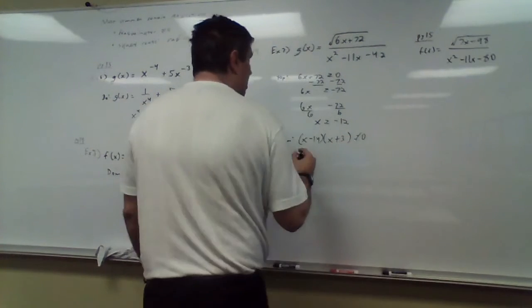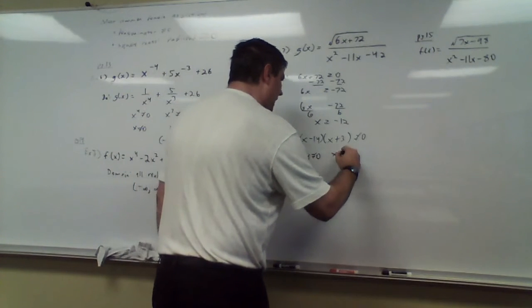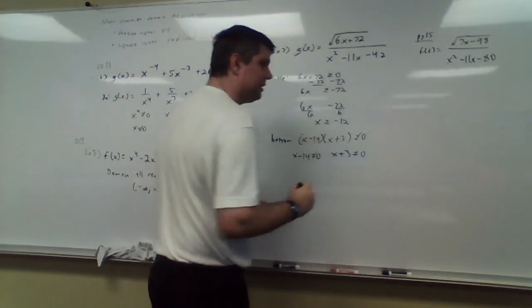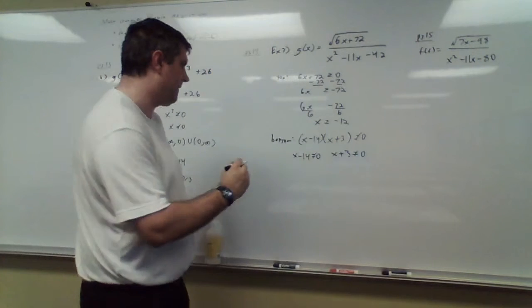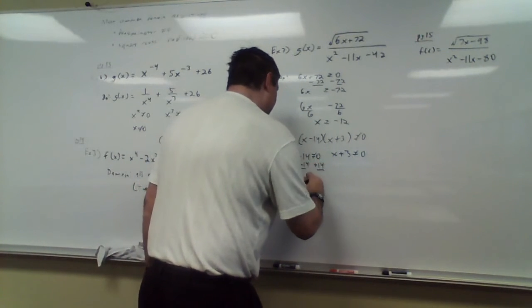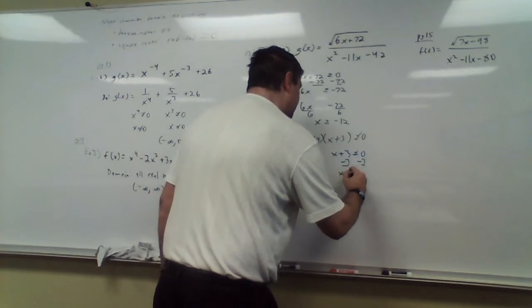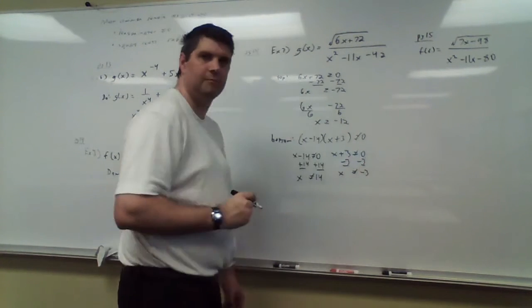So x minus 14 cannot equal 0. X plus 3 cannot equal 0. Add your 14. X cannot equal 14. Subtract your 3. X cannot equal negative 3.